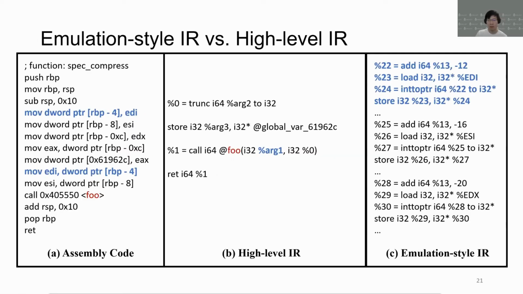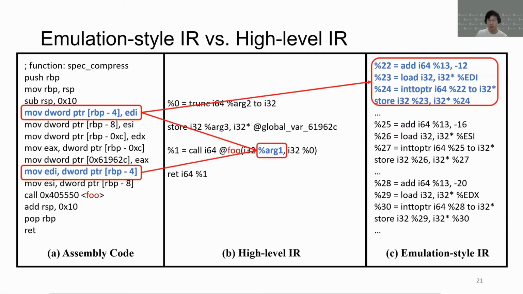Here is an example. As shown in this figure, a simple move instruction in assembly code will correspond to a sequence of load and store instructions in the EIR code. But HIR lifters will analyze this code snippet and summarize the two move instructions as an argument of a function call, which is close to compiler-generated IR.